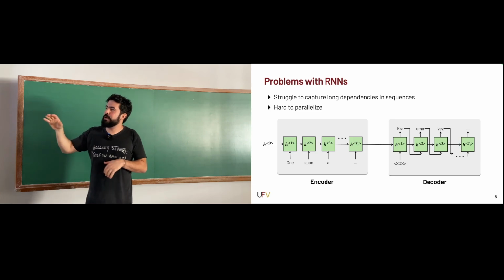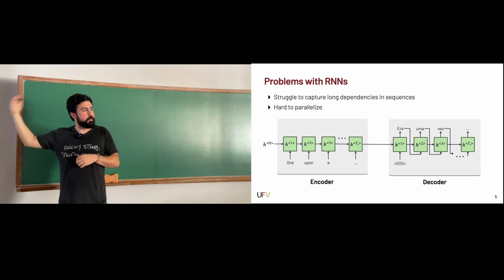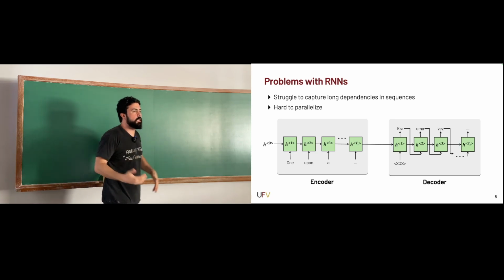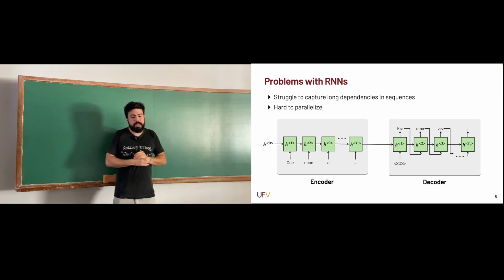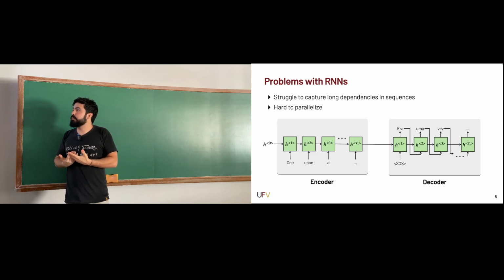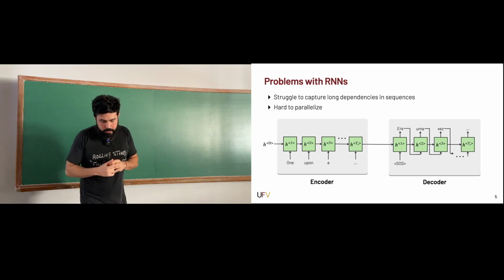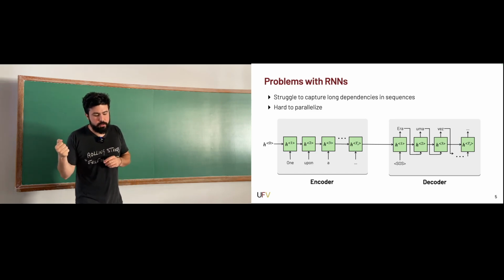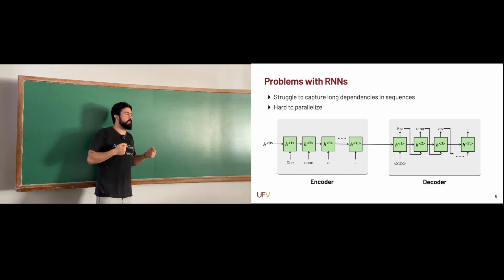So imagine, for example, a whole story, like once upon a time, and so on. If you want to model a whole book, for instance, you wouldn't be able to do that very well with RNNs. And then the transformer is born in this context. Okay, so the main motivation here was to process sequences in parallel.